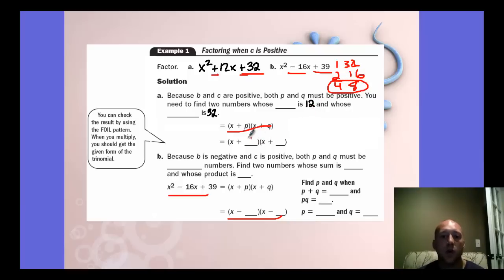These two add to be 12, and so I know I have x plus 4 and x plus 8. Down here, 39, and then we have negative 16, so they have to be negative, like a negative 1 times a negative 39. And then you can do a negative 3 times a negative 13, and those two add to negative 16, and so I know I have it: x minus 3 and x minus 13.